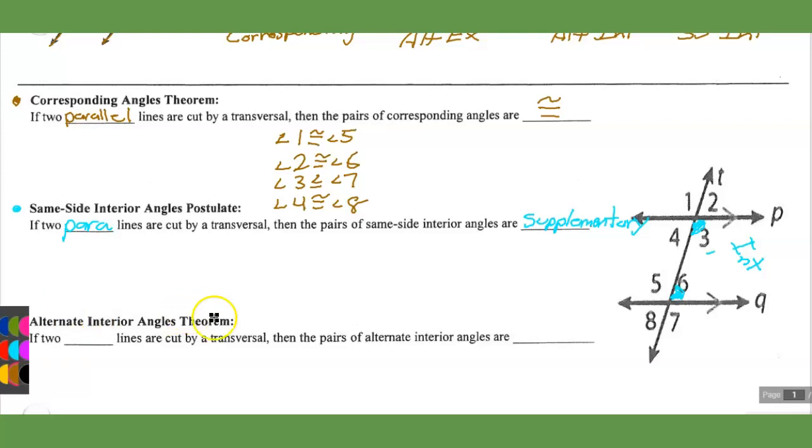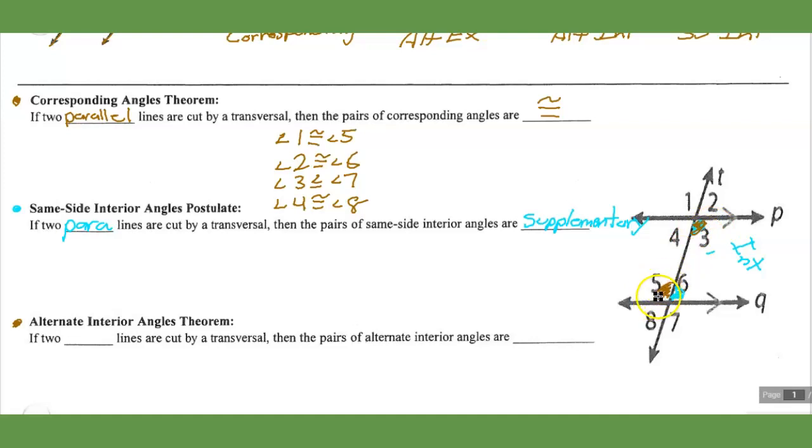All right, we got some alternate interior. So we have something like here, 5 and 3. Since 5 is supplementary to 6, and 3 is supplementary to 6, we know that these will turn out to be congruent, because each of these has to add up to 180. We add this angle 6 to both of these and get 180.